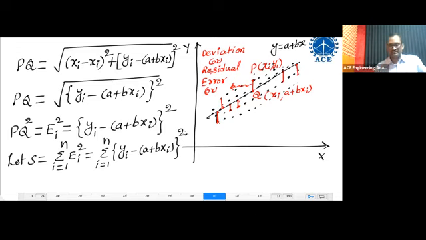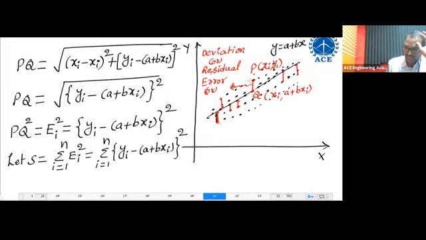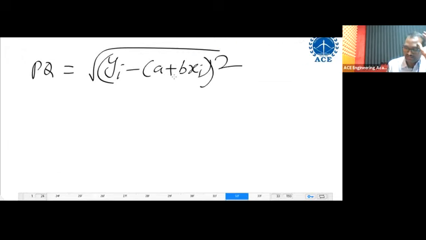But your doubt is, why did I take PQ whole squared? Listen to me, just for the sake of simplicity. PQ is the error value, yi minus (a plus bxi), the error between P and Q. To find the maxima and minima, let it be f of x, y. So we find dou f by dou x, dou f by dou y.